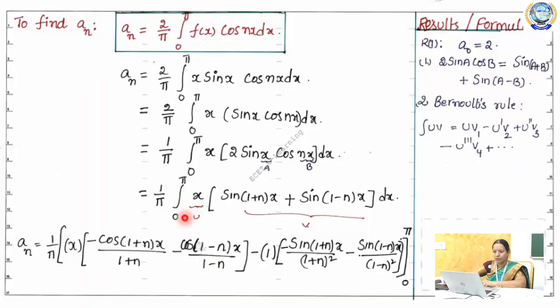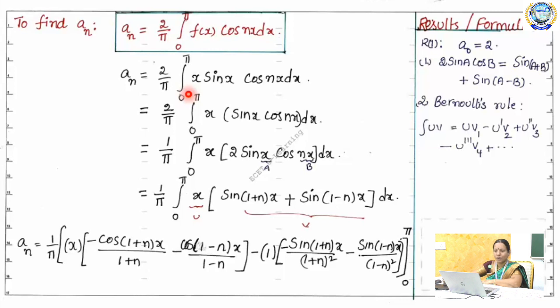Now, move to find the a n value. Write down the formula for a n. What is a n? A n equals 2 by pi integral 0 to pi f of x cos nx dx. Replace x sin x in place of f of x. Now a n equals 2 by pi integral 0 to pi x sin x cos nx dx.